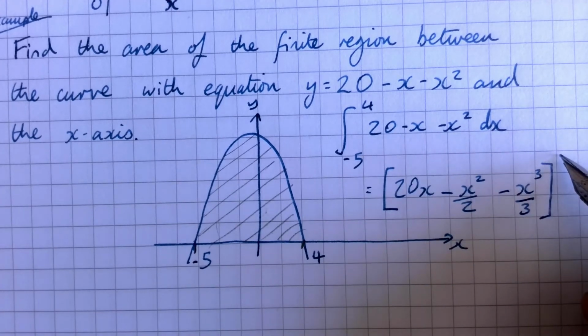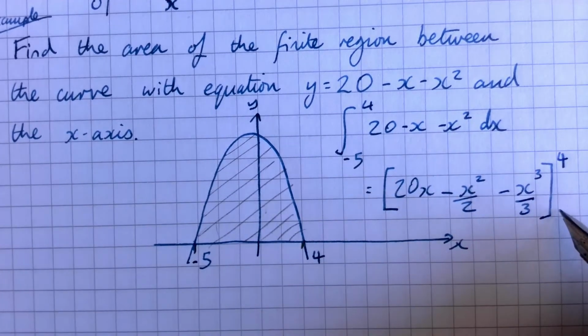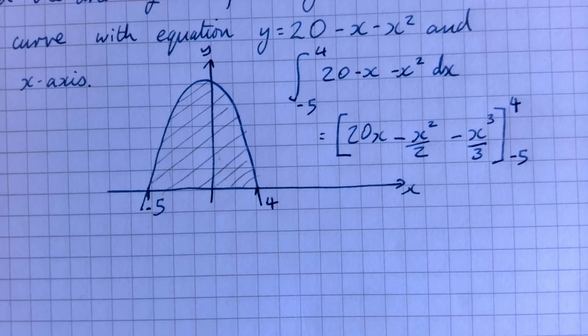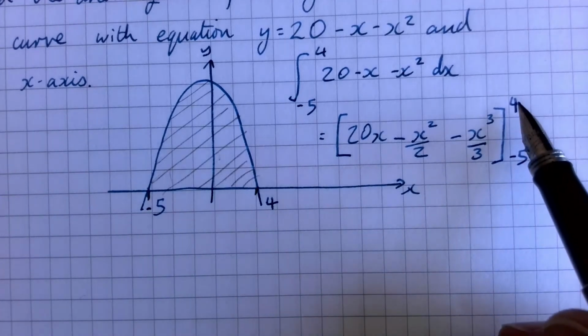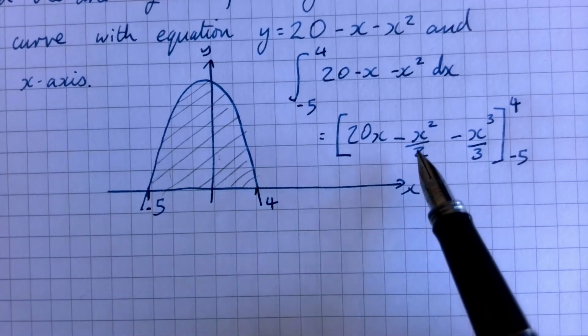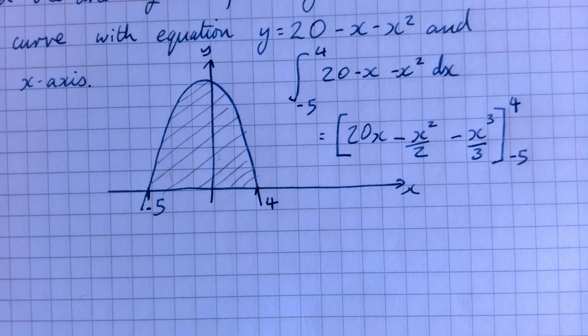Then I will have between the values of 4 and -5. Then we're going to be doing what we were doing last time, which is putting the values of 4 into here and -5 into there, and then taking this bit away from that bit.